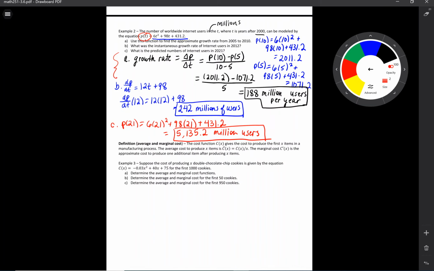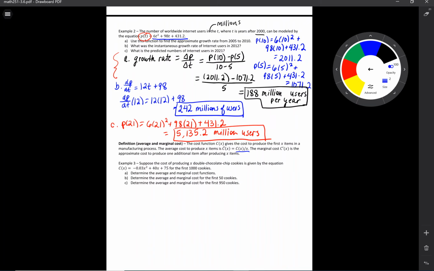That makes sense. The marginal cost, c prime, is the approximate cost to produce one additional item after producing x items. So c of x over x is the average cost to produce a certain number of items, and the marginal cost is the cost to produce one item after those x items.